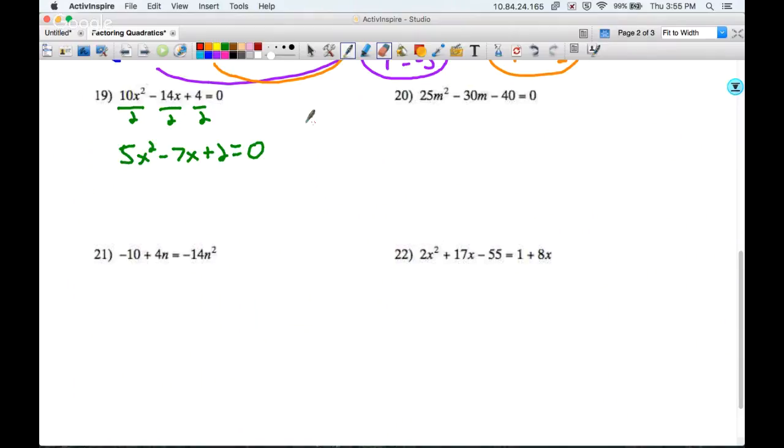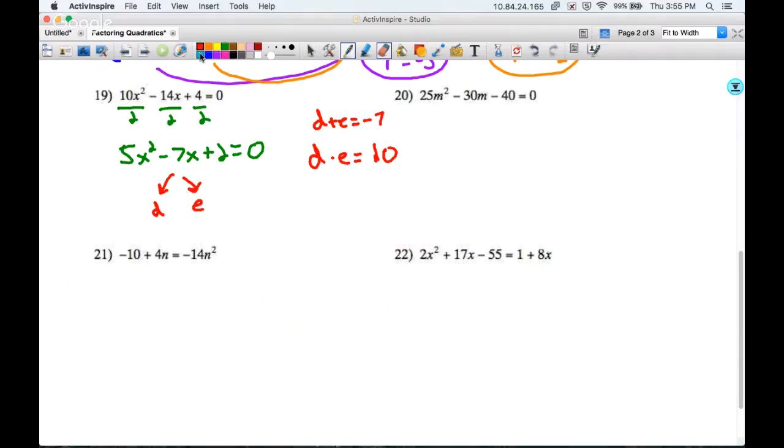So what I'm going to do is split that -7 into a d and an e value. I know that d plus e must be equal to -7, but I also know that d times e equals 10. And that comes from the a and the c value here being multiplied.